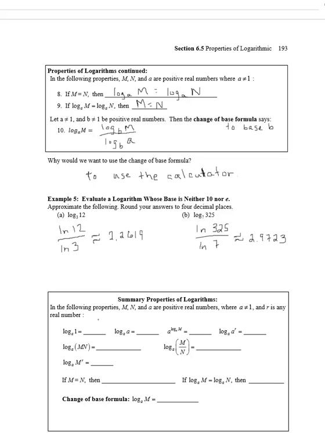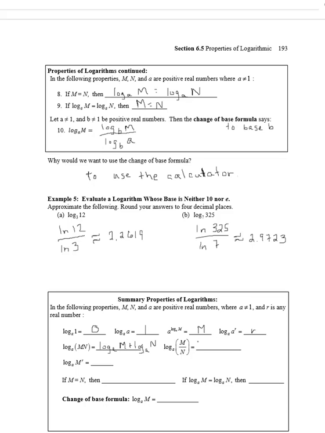So let's summarize the log properties one more time. Log base a of 1 is always 0. Log base a of a is 1. a to the log base a of m power is m. Log base a of a to the r power is r. Log of m times n is log of m plus log of n.